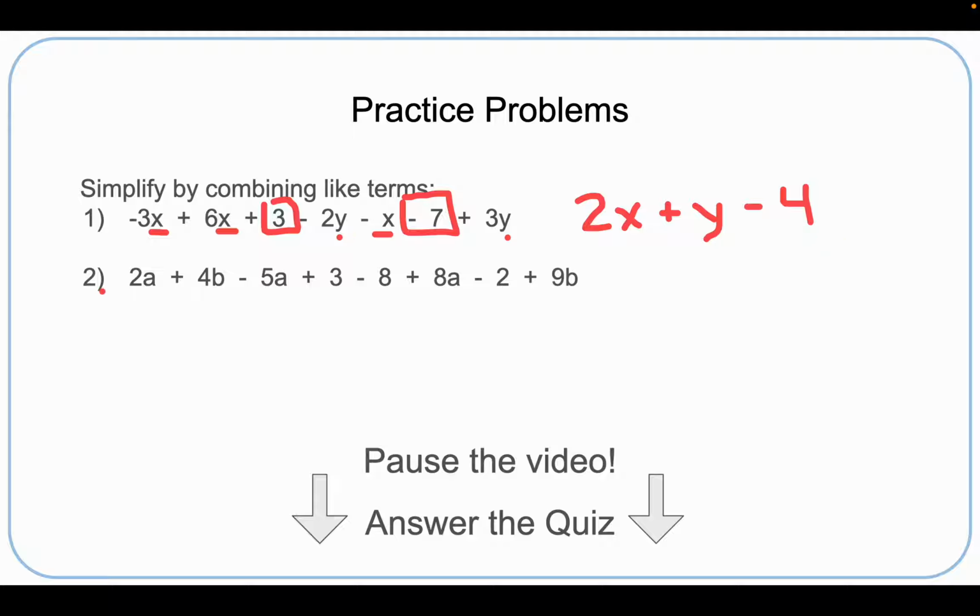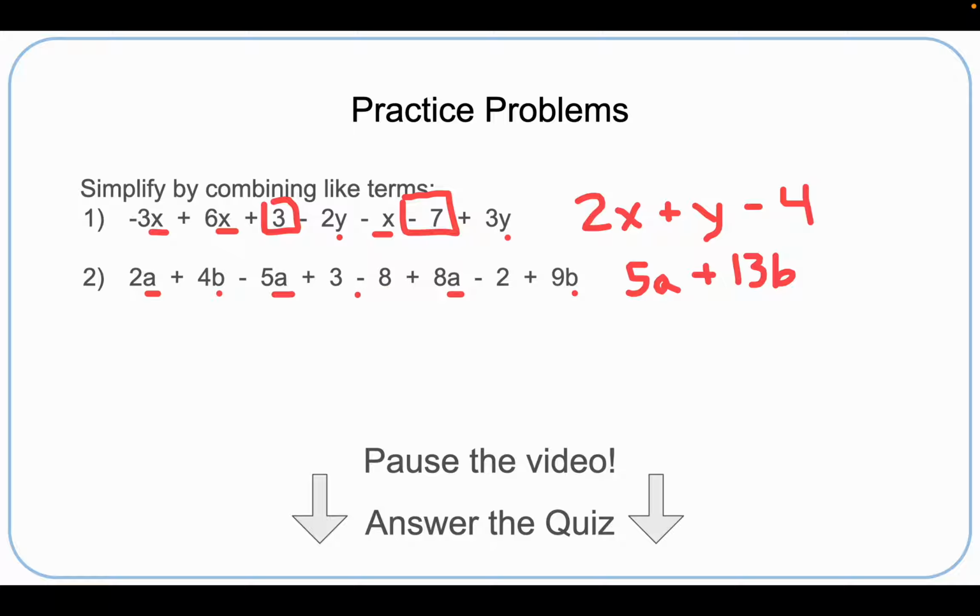All right, number 2, we have 2a minus 5a plus 8a. Let's combine those. 2 minus 5 is negative 3, plus 8 is 5. So 5a will be our first term. Then we'll go to the b's. 4b plus 9b, that's 13b.